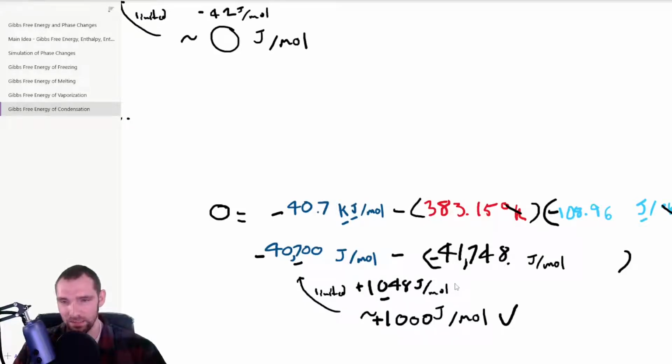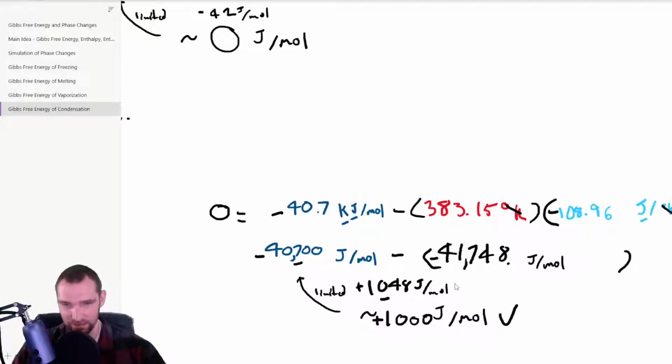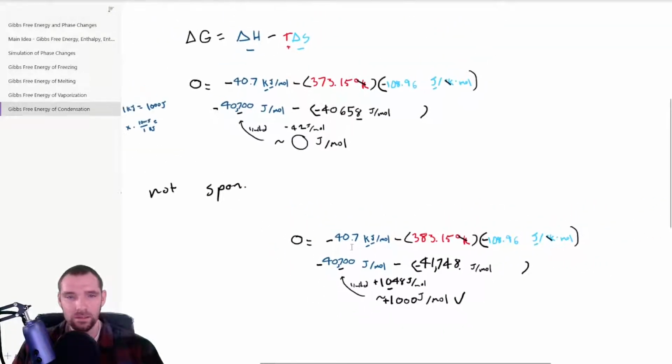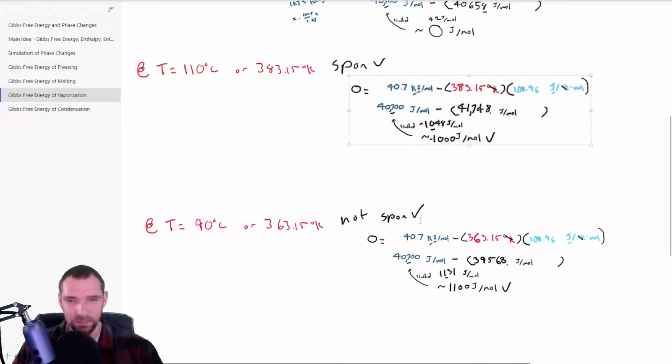This is like final and initial. You can think of it as being like very low going to slightly higher in a sense. So yeah, this is a positive change. Okay, so this is not spontaneous.